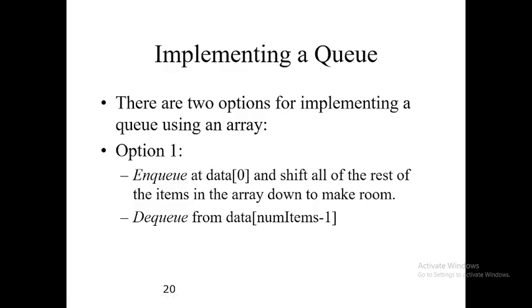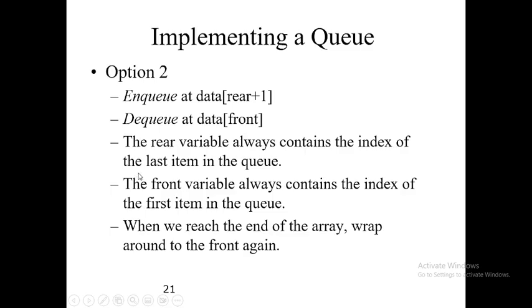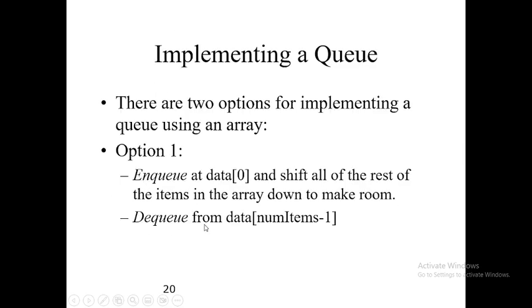There are two options for implementing a queue using an array. One option is that for enqueue, you insert data at 0. This is the array representation, data of 0. If enqueue is like this, then dequeue will be data of number of items minus 1.